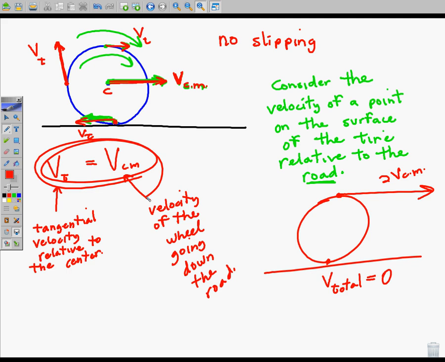It has to be zero relative to the road at the bottom. Otherwise, what would be happening? It would be sliding. The fact that it's not sliding means it's not moving relative to the road. It's so bizarre. Right there, the velocity of the tire relative to the road is zero. Up here, it's going twice as fast as the speed of the car. Take a break. We'll reconvene in the next room.